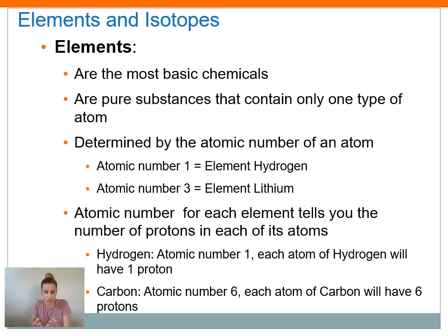I could have 1 atom of carbon, 100 atoms of carbon, or 1 trillion atoms of carbon. But if it's all carbon, it's pure carbon, that is the element carbon. Or pure oxygen. Oxygen is an element. Pure hydrogen. Hydrogen is an element.